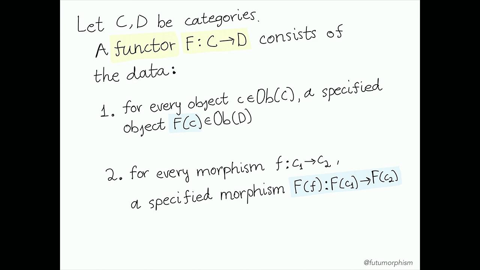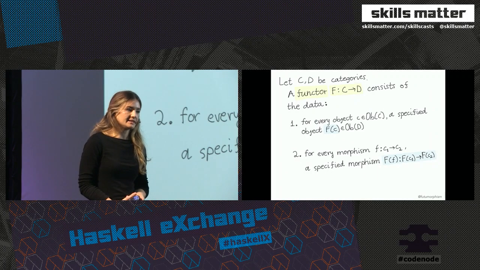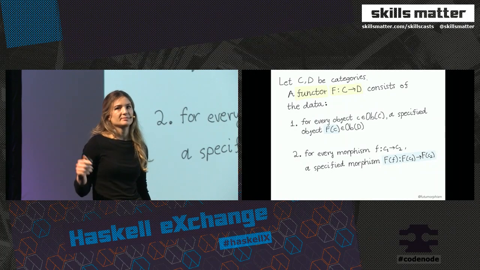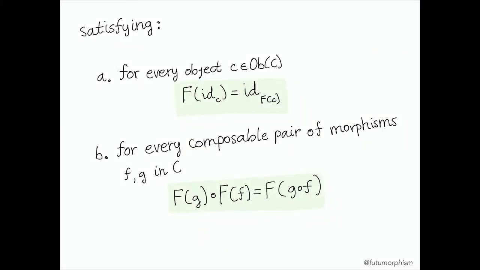One, every object C in C is mapped to an object F of C in D. And two, every morphism from C1 to C2 in C is mapped to a morphism F of f from F of C1 to F of C2. And the two rules are that the identities and the composition are preserved. So every identity arrow has to stay together with the object after it's mapped. And you can compose on either side and take the functor, and you have the same result.